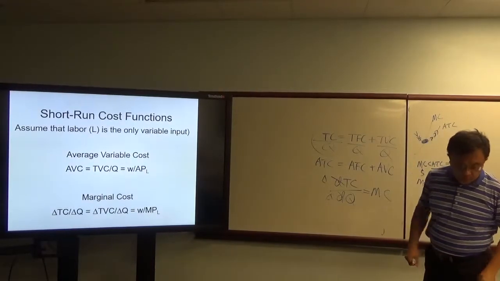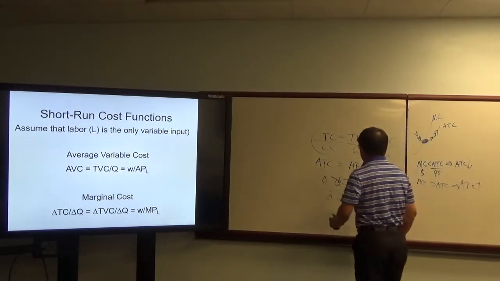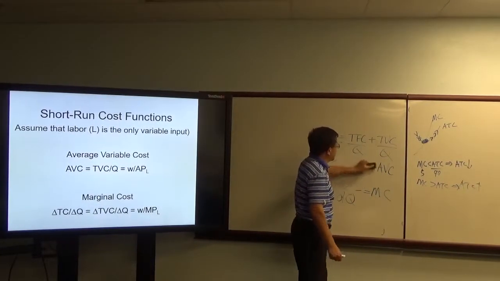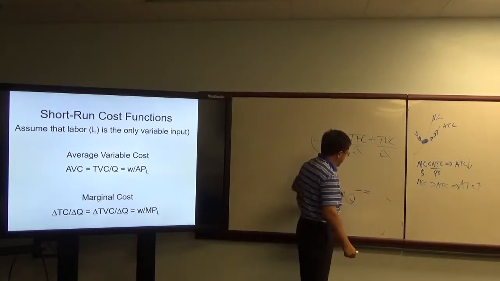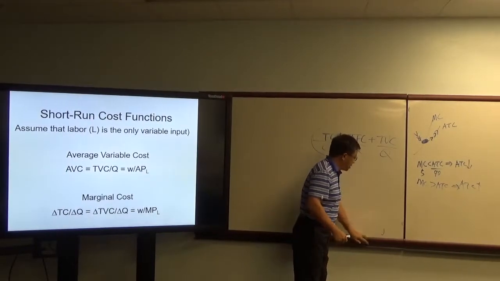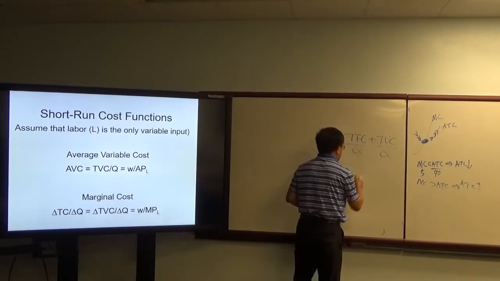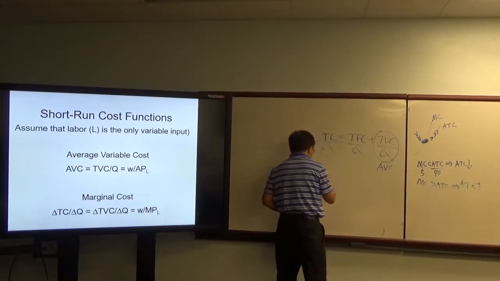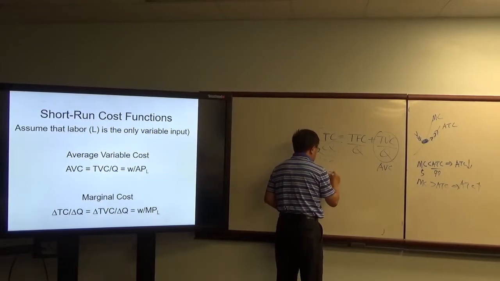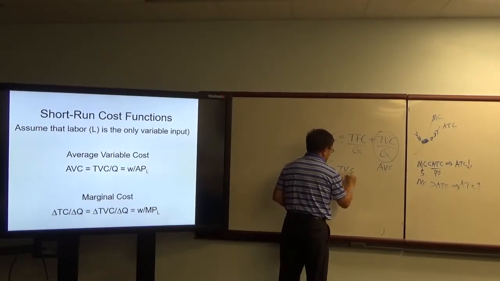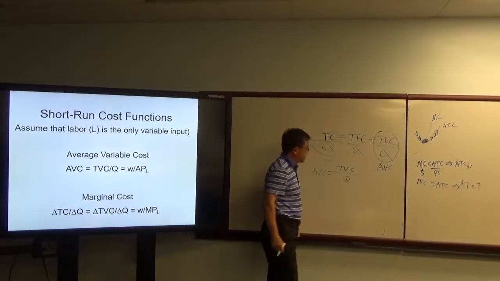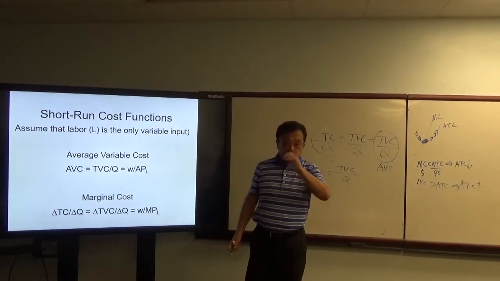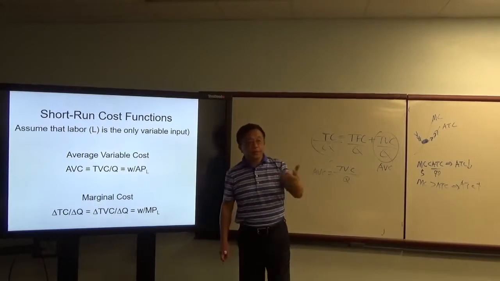Remember how to calculate the average variable cost. The average variable cost is the total variable cost divided by the output level. But let's say labor is the only variable cost used in the production.